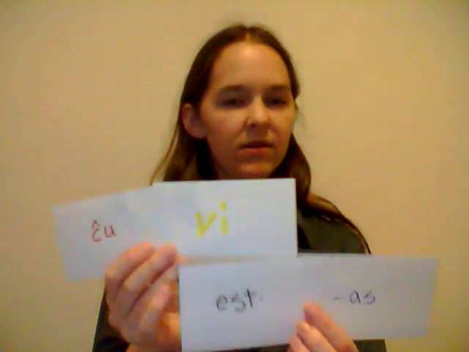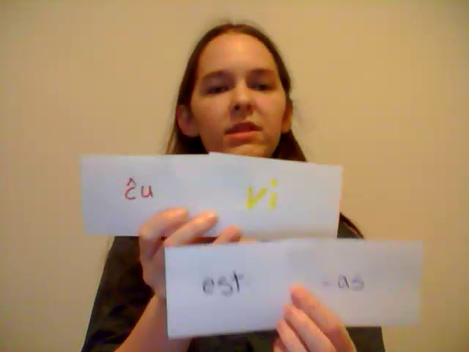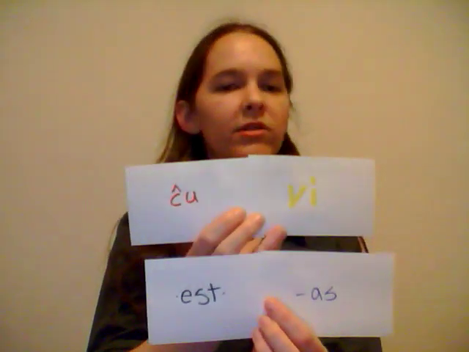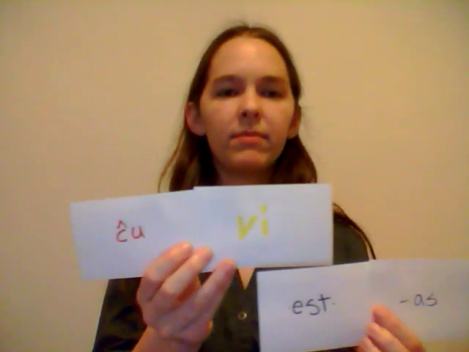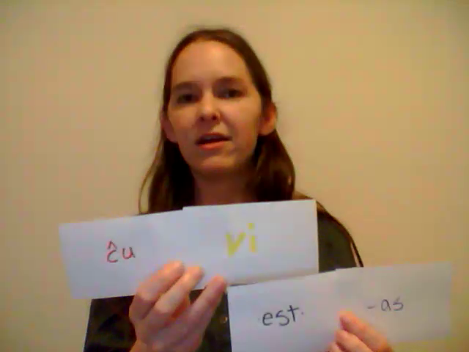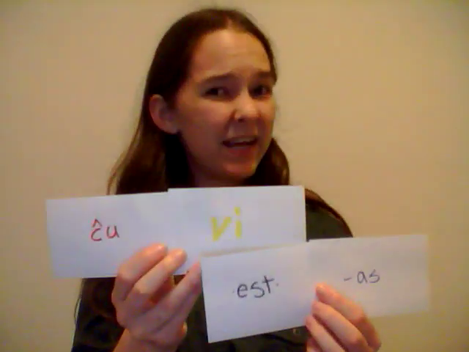Are you? You would say, chu vi estas? And chu goes at the beginning of the sentence to mark that the whole sentence is going to be a question. That way you're letting people know right up front, like that upside down question mark that you see in Spanish. Chu vi estas?